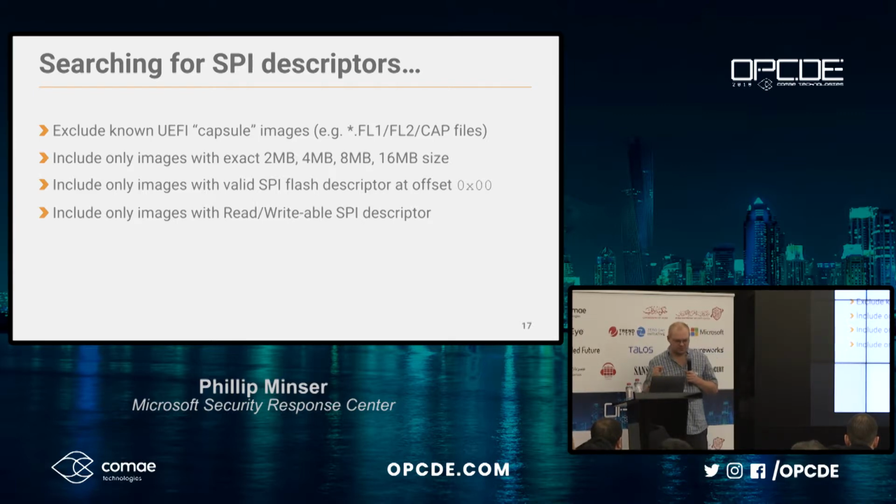Then we need the image to have the exact size, because if it has the exact size, it has a flash descriptor in it, because the flash descriptor is part of the flash memory. Then we need to make sure that the SPI descriptor is sitting at offset 0, so it's really a valid SPI descriptor at offset 0. And then we need to make sure that the SPI descriptor is not protecting itself.